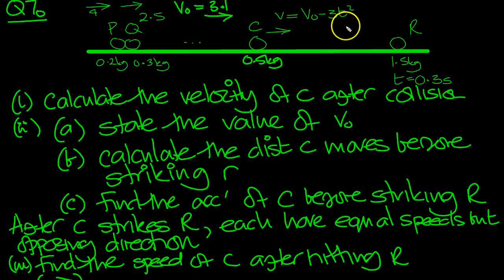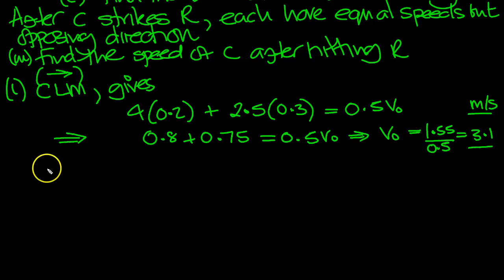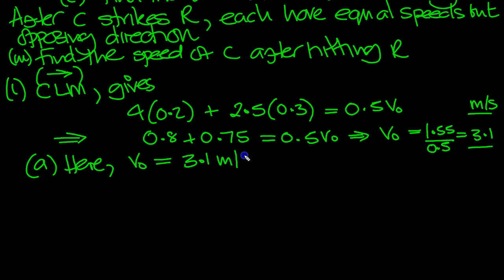Okay, now we've stated the value of v0. So part A: v0, the velocity after collision, is 3.1 meters per second.